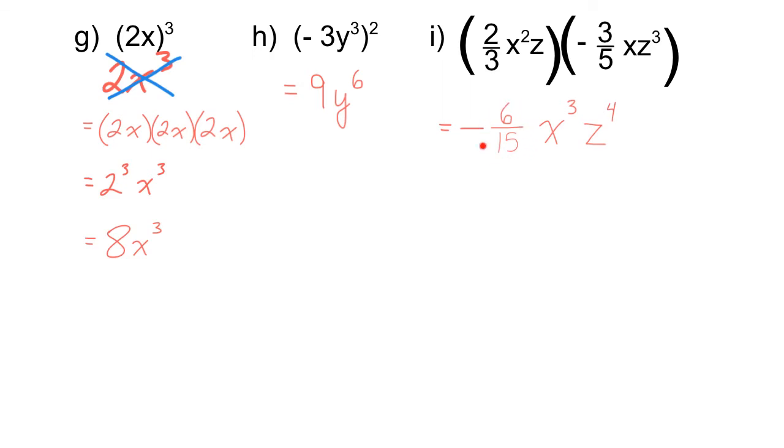This here is not in lowest terms, so we need to use our knowledge of common factors to find what this would be in lowest terms. I know that both of these values are divisible by 3, so this is actually negative 2/5 in lowest terms. So my answer is negative 2/5 x to the 3 z to the 4.